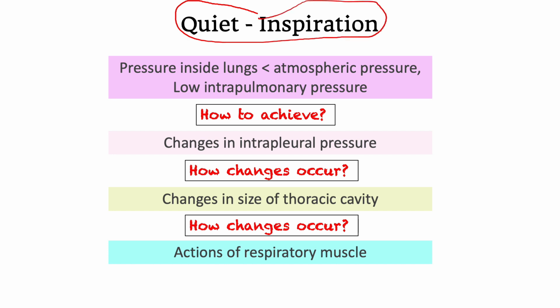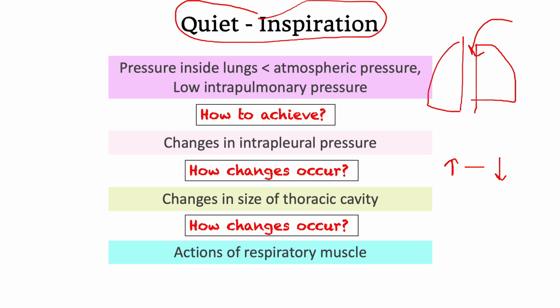Okay, so what happens during inspiration is we inspire air from the atmosphere. When we breathe, we want the air to come in from outside, from the atmosphere into our lungs. So that is inspiration. We know that air moves from a higher pressure area into a lower pressure area.